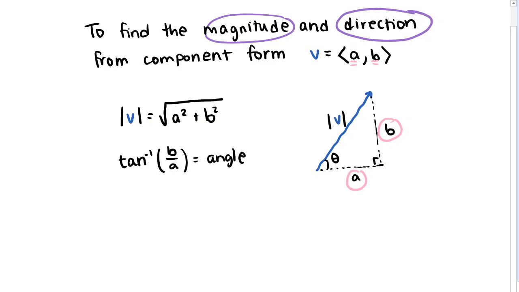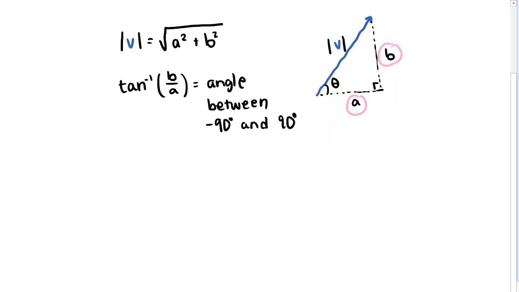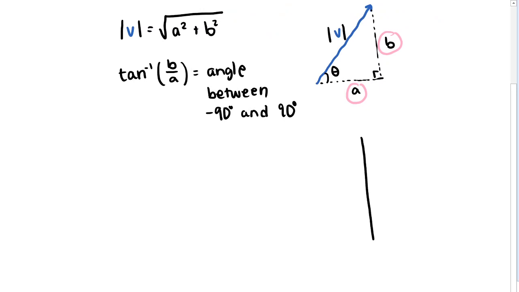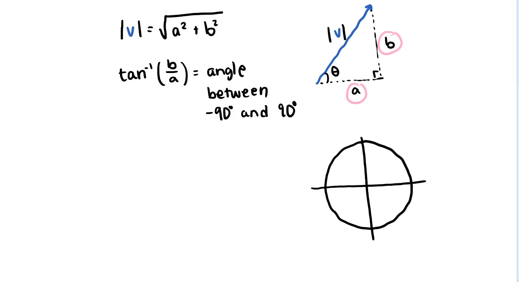But we'll only get an angle that works, that gives us b over a, between negative 90 degrees and positive 90 degrees. Remember that when we use our inverse trigonometric functions, they only give us back angles in certain windows, for certain intervals.